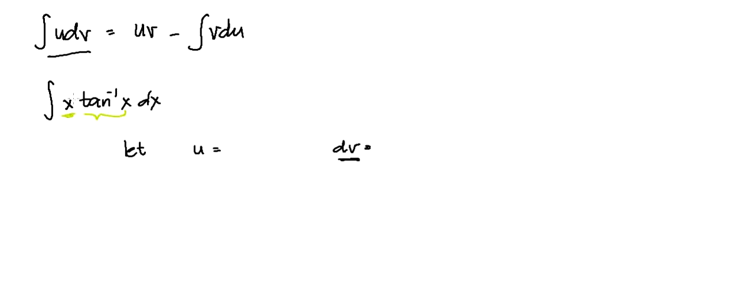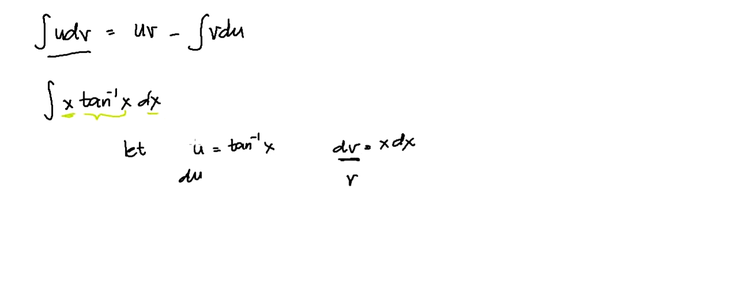So let's try to let our dv be x dx. Then the remaining function of x, we let as our u, which is arctan of x. Our next step is to find the derivative of u and the integral of dv.